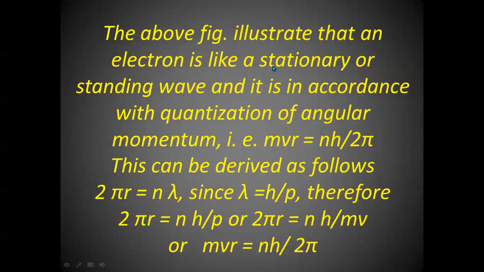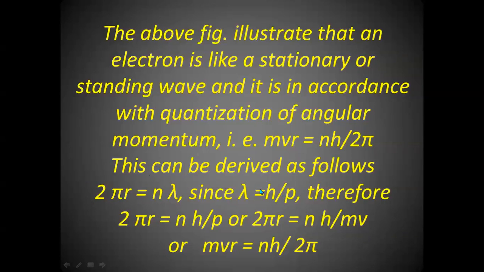Similarly, in de Broglie's equation, we have considered it as a stationary wave or standing wave. That is also a condition. Both are nearly the same. Therefore, it is like a stationary or standing wave, and it is in accordance with the postulate which was given by Bohr. This can be derived as follows: 2 pi r is equal to n lambda.